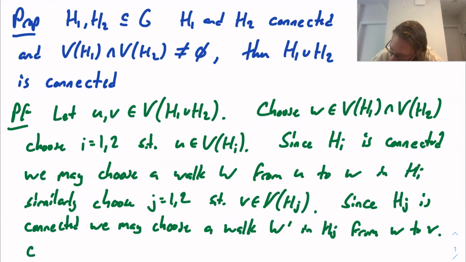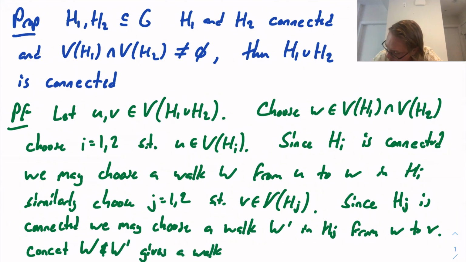Now, I'll just say concatenating W and W prime gives a walk from U to V in the subgraph H1 union H2.